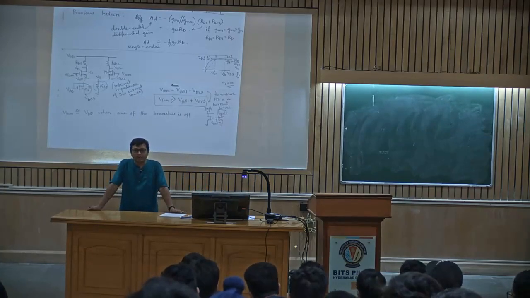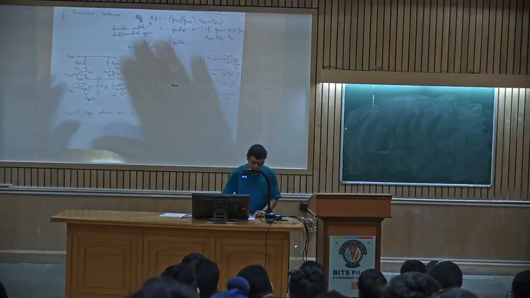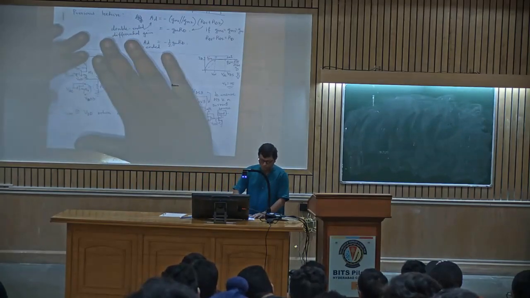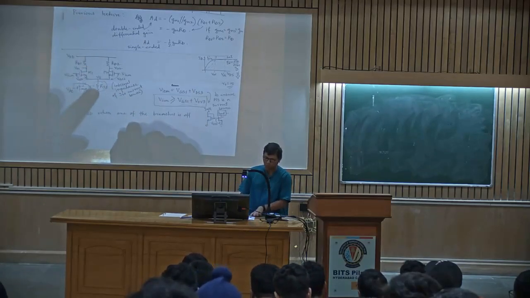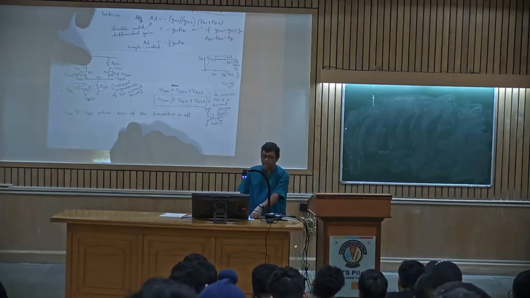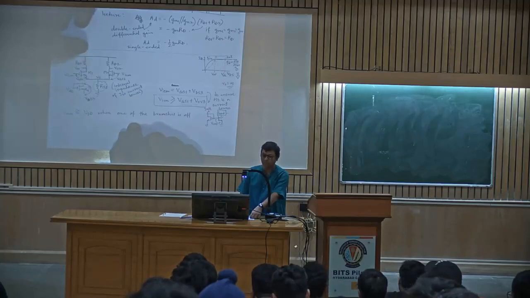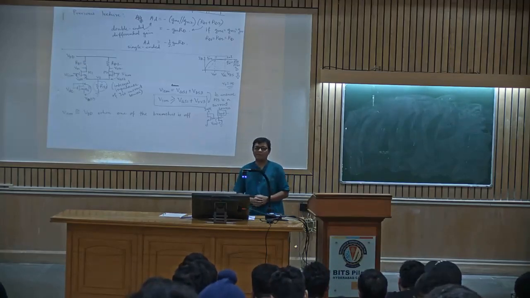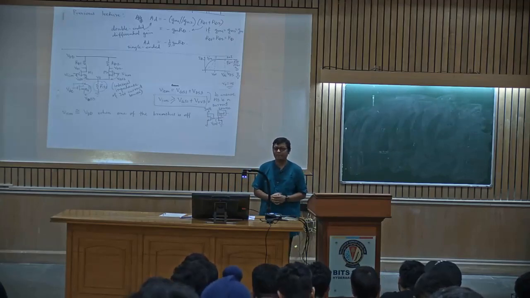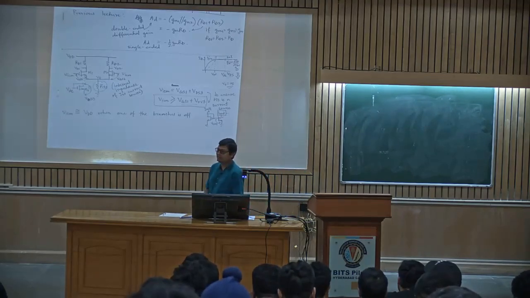Think only about this part of the circuit, forget about the rest. What is this? Notice what is happening here. You are having a load in the source region, and VDD is essentially going to the ground. Which configuration is this? CS, CD, CG.